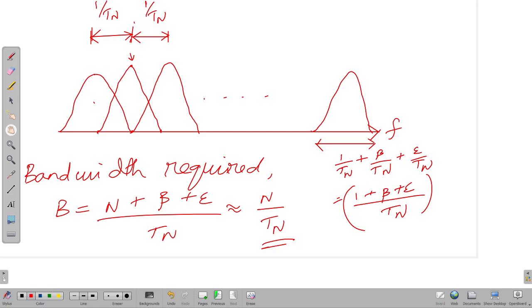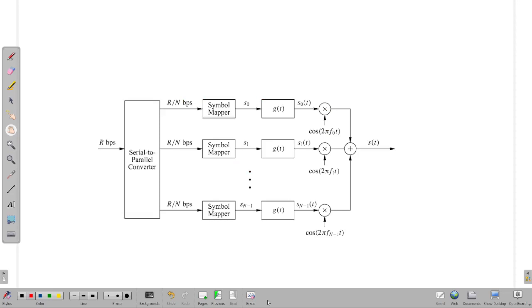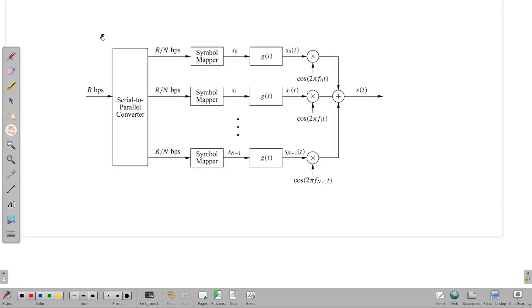So let me go back to the previous diagram where we had non-overlapping subcarriers. This is a diagram of the transmitter side for the case where subcarriers were non-overlapping.